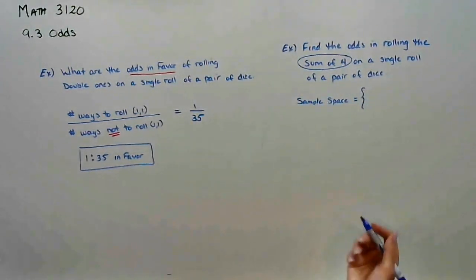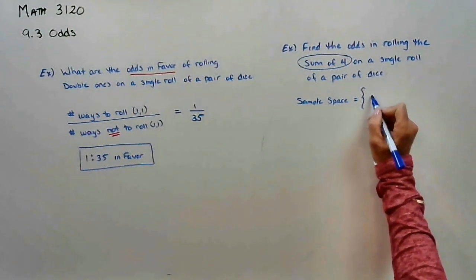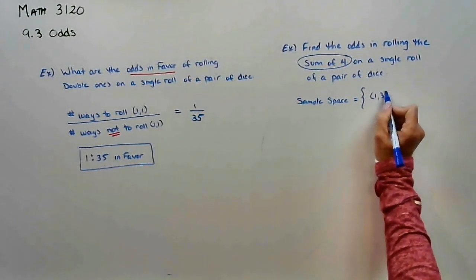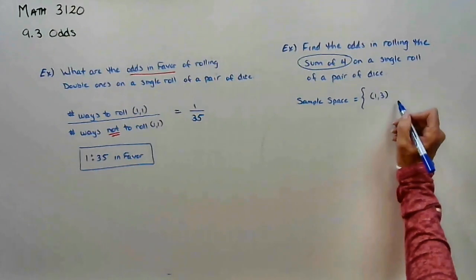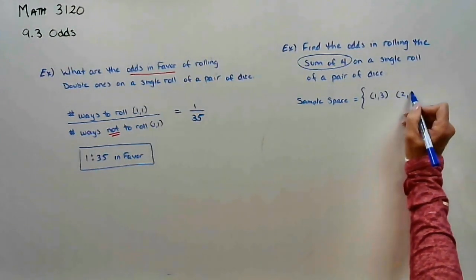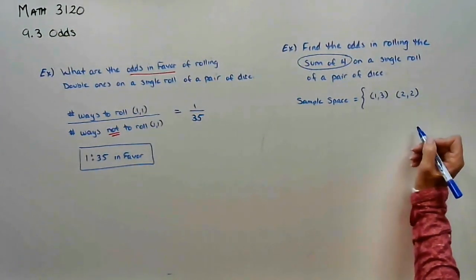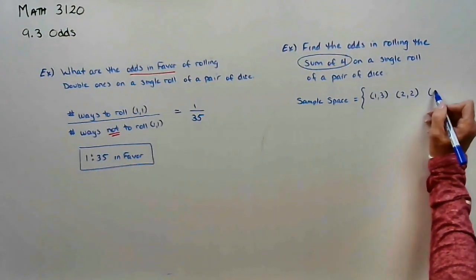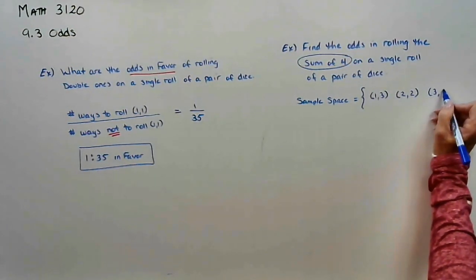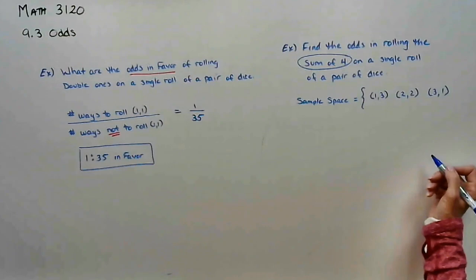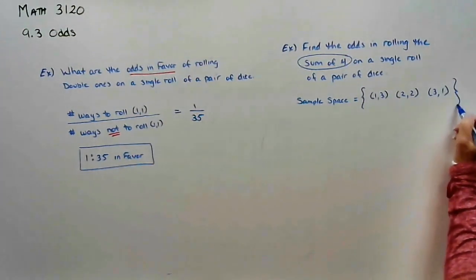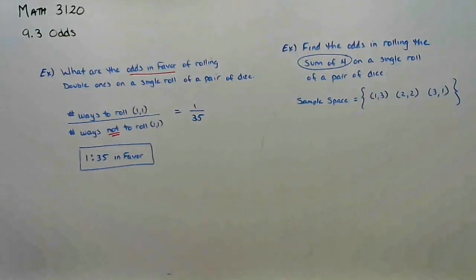I could roll a 1 and a 3, and that would add up to 4. Or I could roll a 2 on the first die and a 2 on the second die, or a 3 on the first die and a 1 on the second die. But those are the only ways out of 36 possibilities that I could roll and add up to 4.